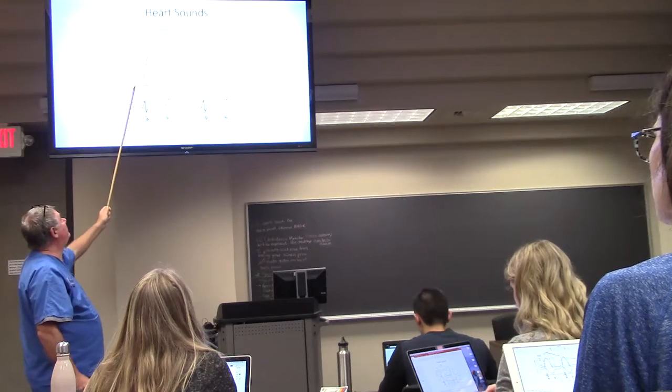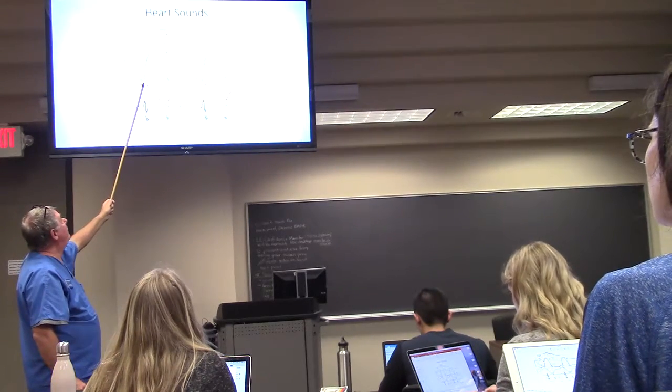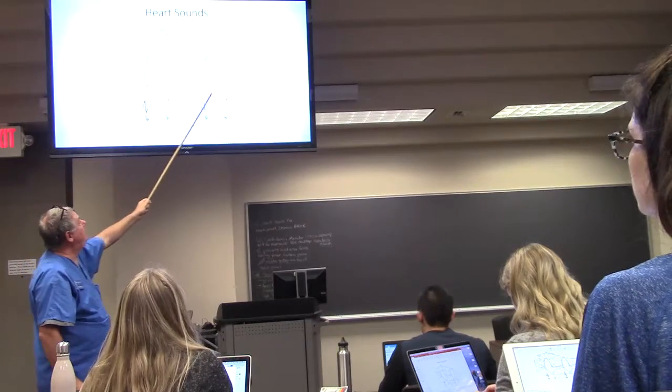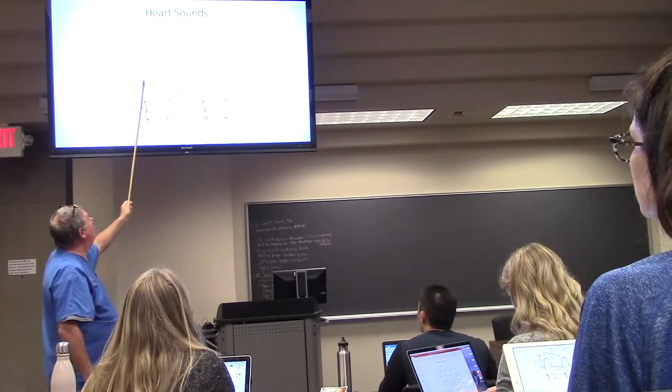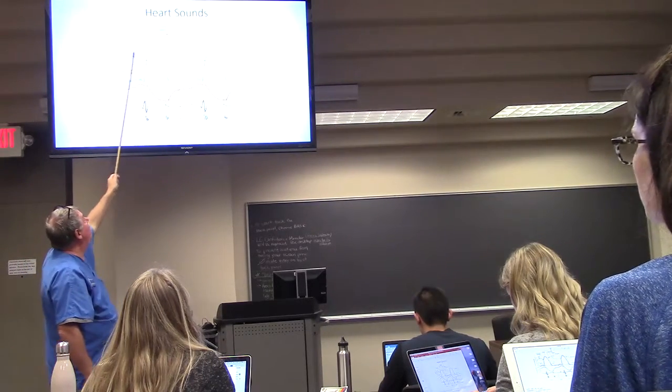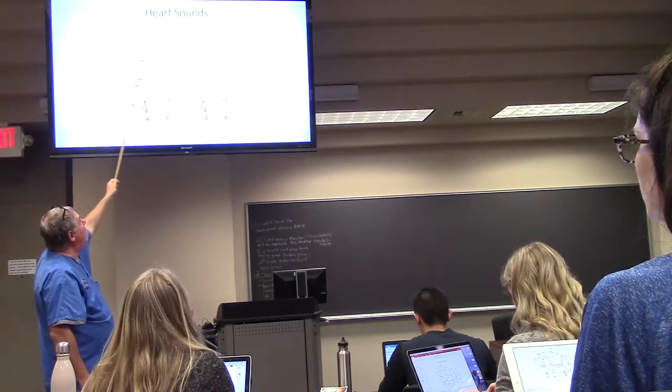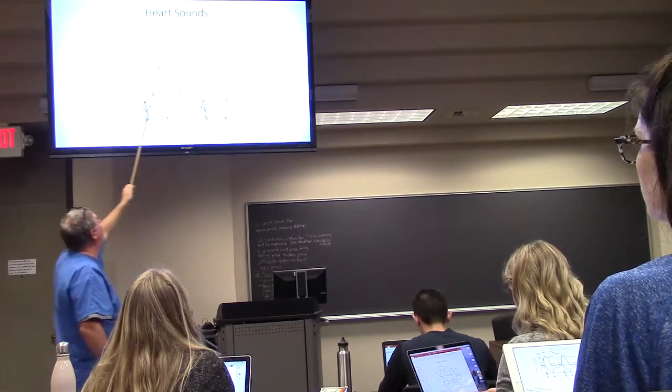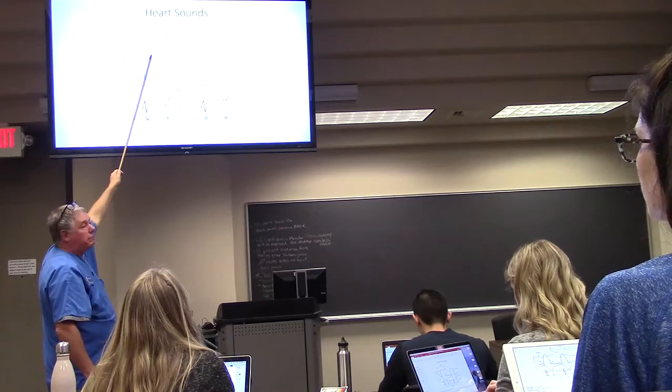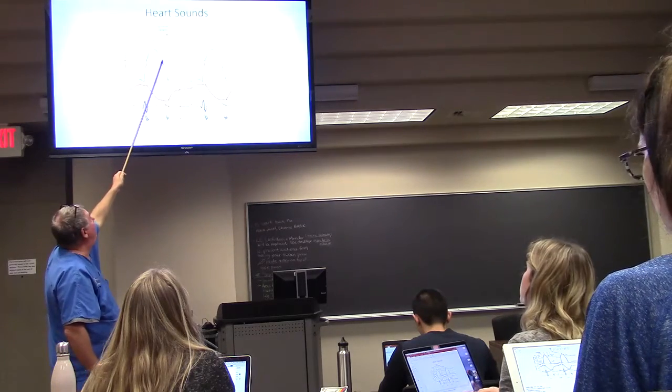So at the beginning of systole, if you look at the blue line, this is ventricular pressure. You'll see that pressure accelerates. If you look at the pressure inside the aorta, it's going to start going up, and then they both decline.